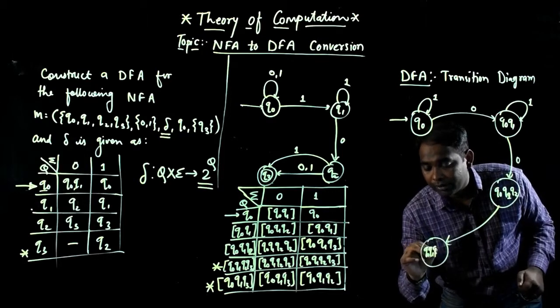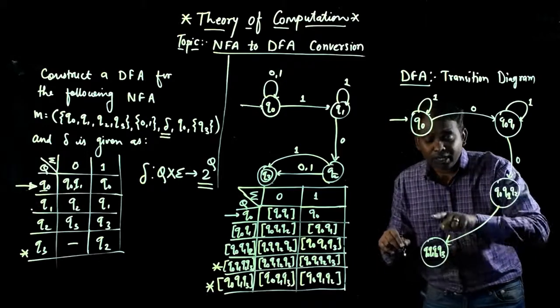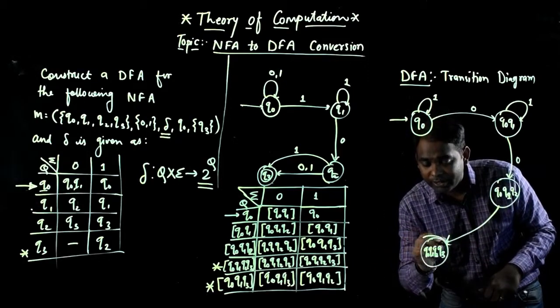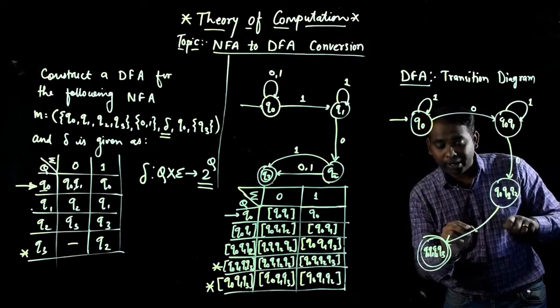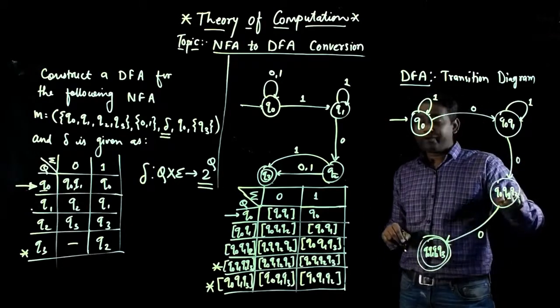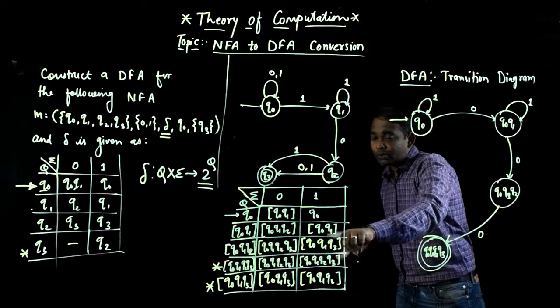In Q0, Q1, Q2 and Q3, Q3 is present, and Q3 is my final state, so the whole state will act as a final state. On 0 I get this transition, and from this state on 1, it goes to Q0, Q1 and Q3.